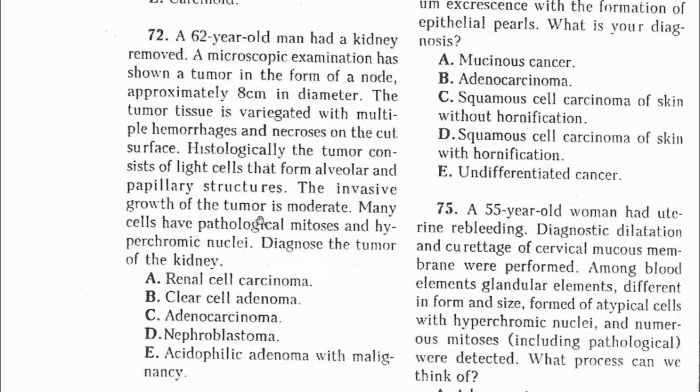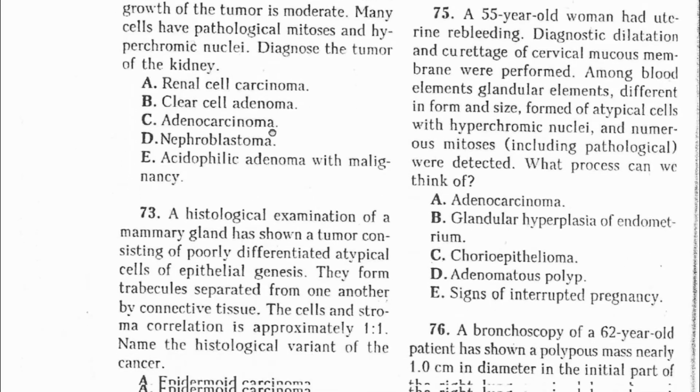The invasive growth of the tumor is moderate. Many cells have pathological mitosis and hyperchromic nuclei. Diagnose the tumor. This is simply cancer of the kidney, which is also called renal cell carcinoma. Answer is A.